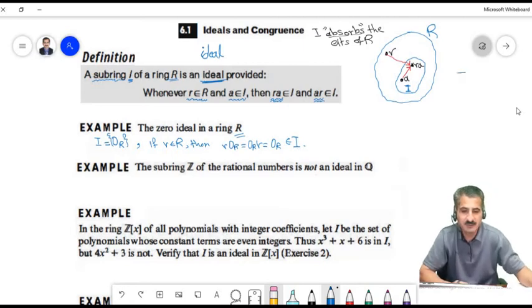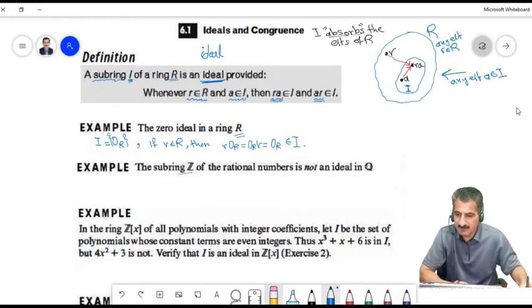So again, what's happening here is for any element a belongs to I and any element r belongs to the ring.